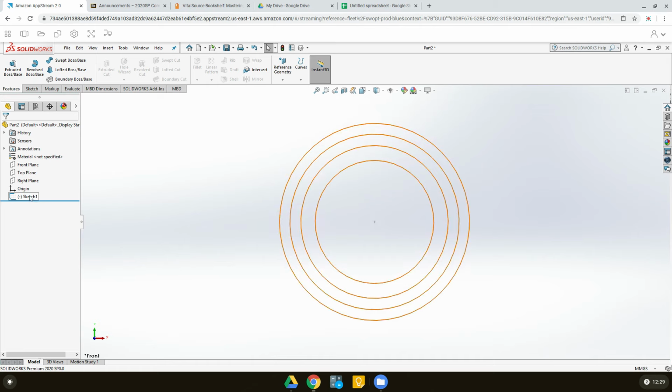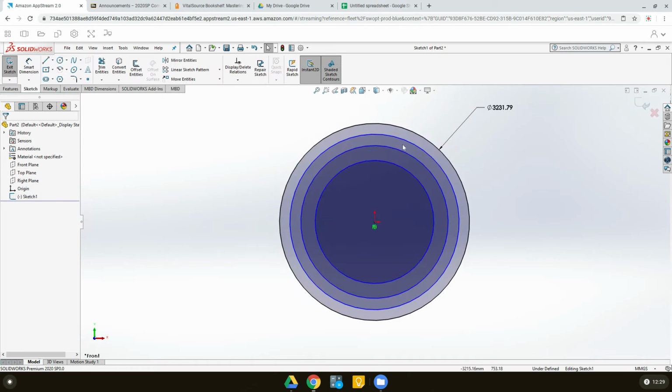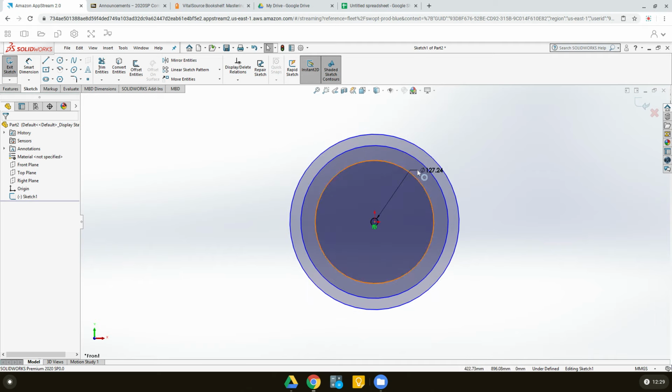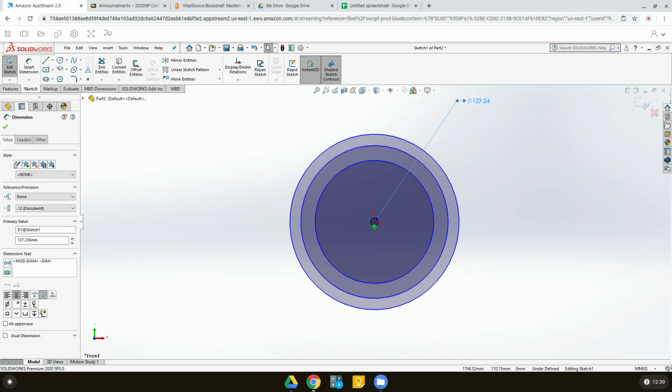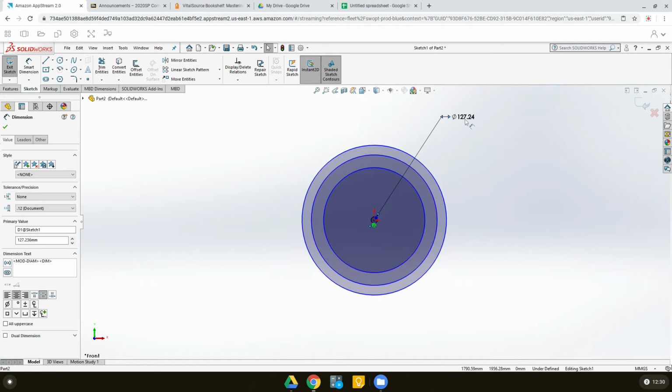So you're gonna go back into the sketch mode, right click, edit sketch, and you have to fix this dimension one more time. 127.236 millimeters. So that's good here, and they will all adjust because I changed from inches to millimeters.